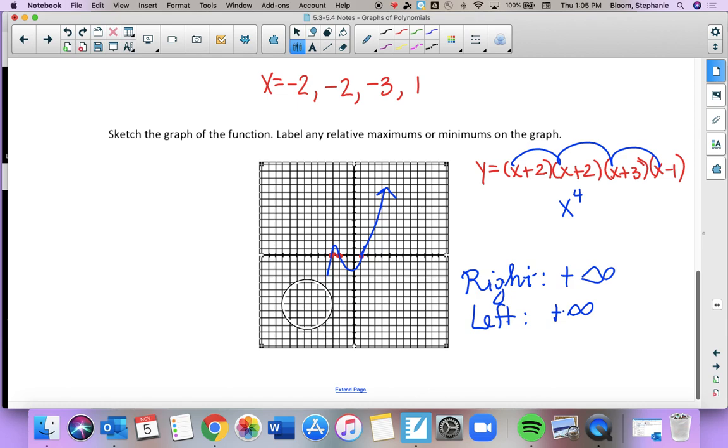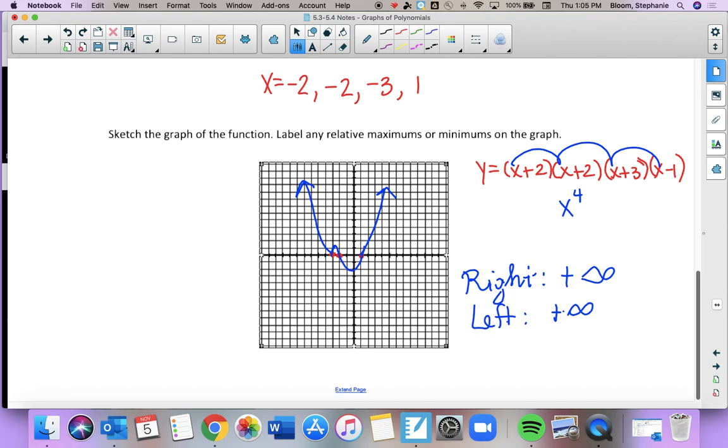So what happens here is I get to here, and I bounce back up. So if it has a multiplicity that's even, you bounce off that intercept, and you go back up. And now, is it both ending in the positives?